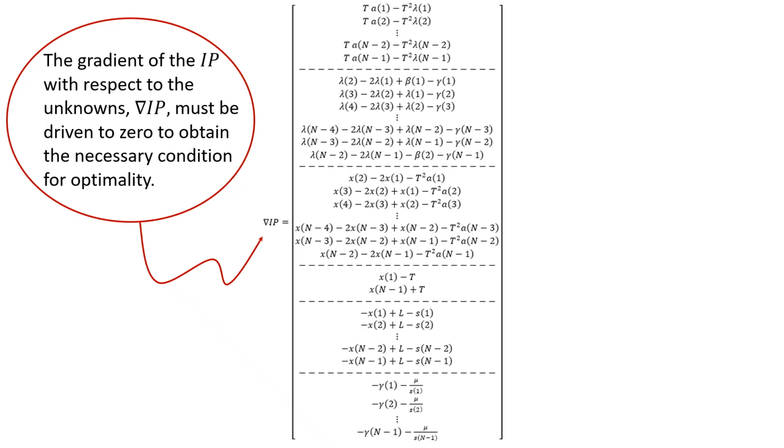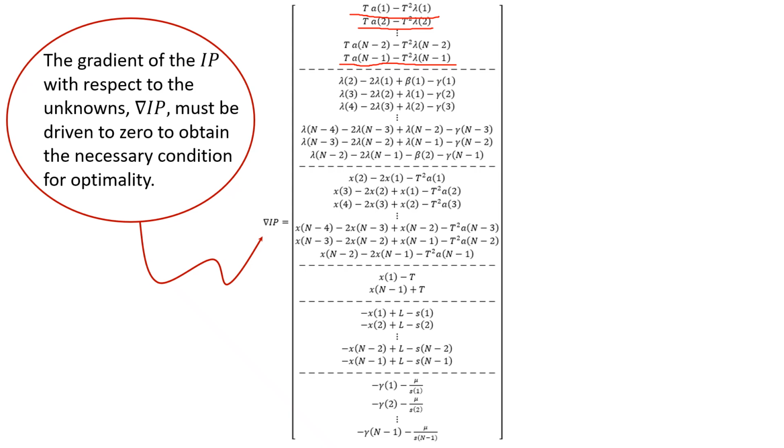So the gradient of the IP is shown here, and the first element in this gradient, in this long vector, is the partial of the IP with respect to A1. The second, the partial with respect to A2, all the way down to the partial of the IP with respect to AN-1.